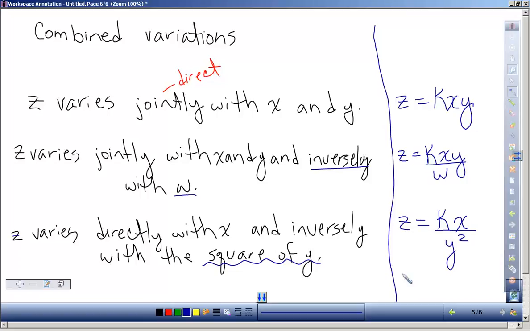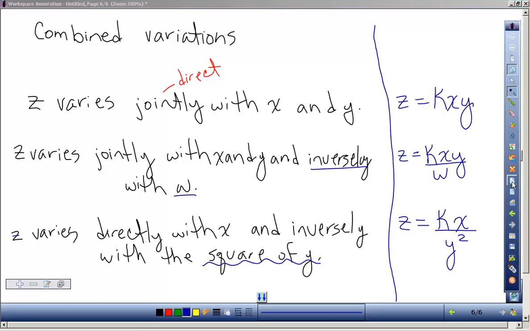When you're doing combined variation, what you want to always find first is your equation, because that's what we always need to start off with. It's like a formula. So you always want to find your formula first. In all of these problems, though, if we were going to use it to solve for something, we have to be able to find k, the constant of variation. So that means that they're going to have to give us one situation where we know what x, y, and z are equal to, or we know what x, y, w, and z are equal to.